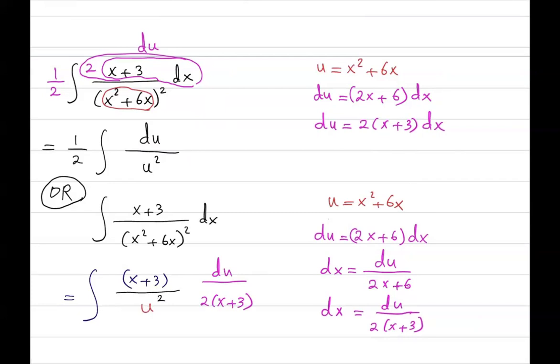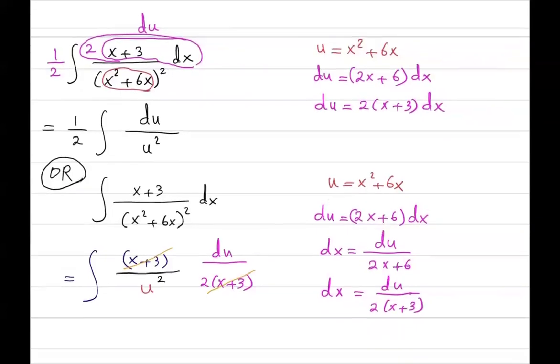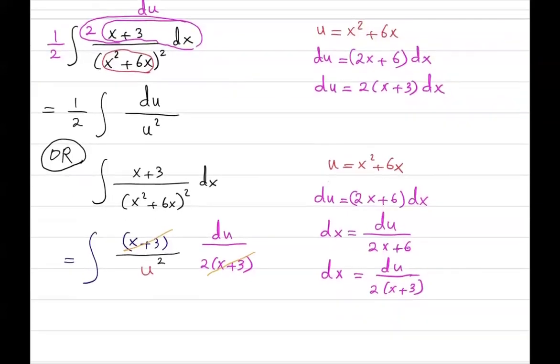Now you can cancel out these common factors, and this becomes the same as the integral that I wrote on top for you, the integral of du divided by 2 u squared, or a half integral of du divided by u squared. We already know how to deal with this integral. It's basically the power rule.